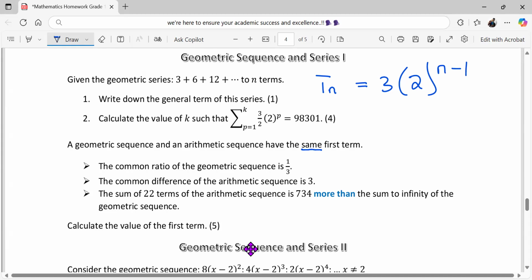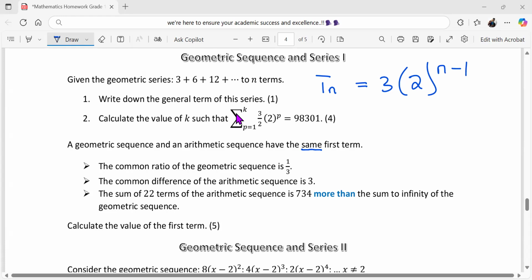Okay? The common ratio or the constant ratio of the geometric sequence is a third. Okay? The common difference or the constant difference of the arithmetic sequence is 3. Okay? The sum of 22 terms of the arithmetic sequence is 734 more than the sum to infinity of the geometric sequence.